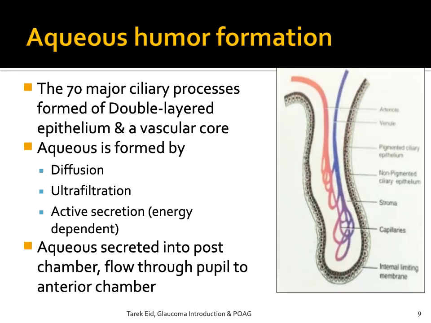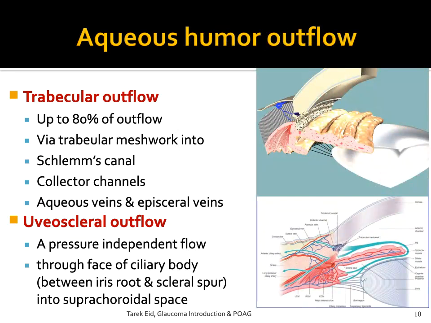Aqueous is then secreted into the posterior chamber, as we see here, and it moves through the pupil into the anterior chamber. In the anterior chamber, it goes towards the trabecular meshwork, which accounts for about 80% of the outflow, and this is the conventional outflow. It goes through the trabecular meshwork, Schlemm's canal, and then collector channels, and after that to the aqueous veins and episcleral veins.